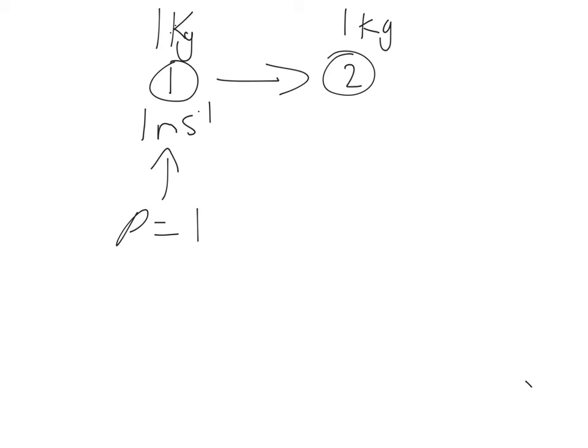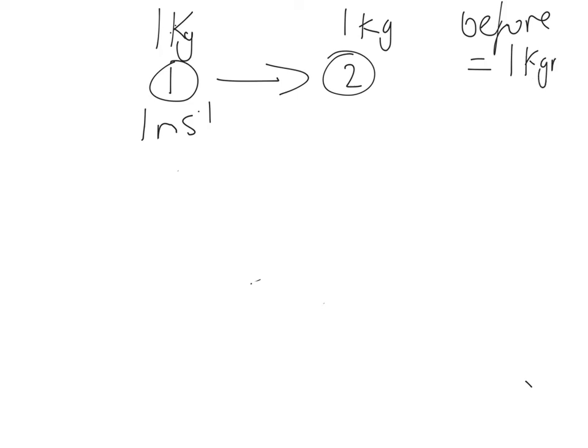So its momentum is 0, so total momentum equals plus 1 kilogram meters per second. Just rub that out and I'll put that at the top just to remind you of what's going on. So we've got a total momentum before equals 1 kilogram meters per second.